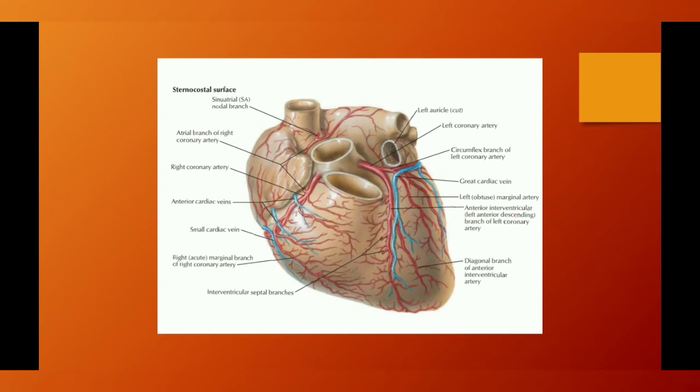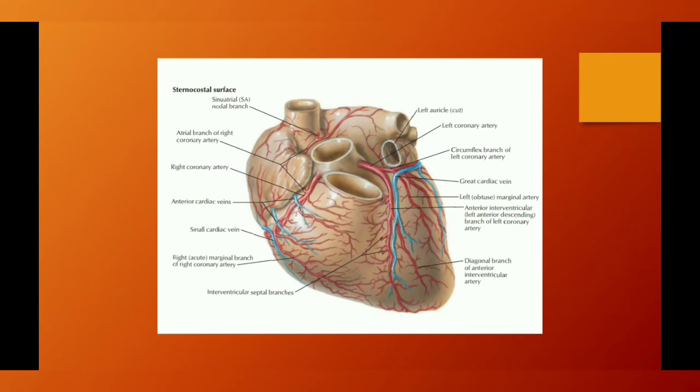Once again, to repeat, formed by the right ventricle that constitutes 2/3 of the sternocostal surface, right atrium with auricle, and 1/3 of the left ventricle. Is it clear? I hope it is clear to everyone.